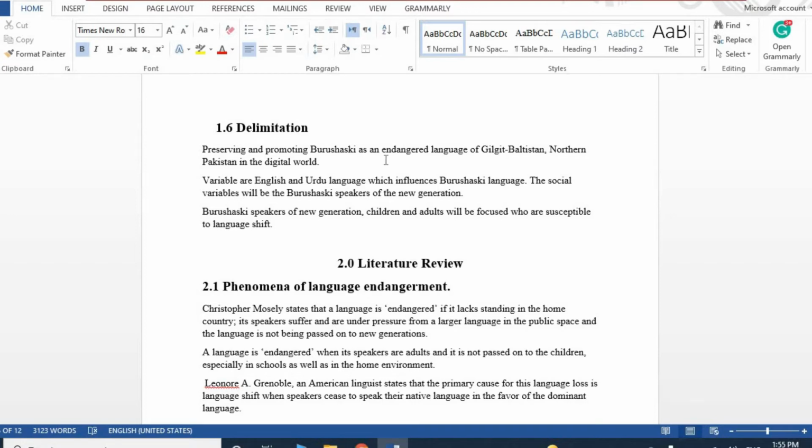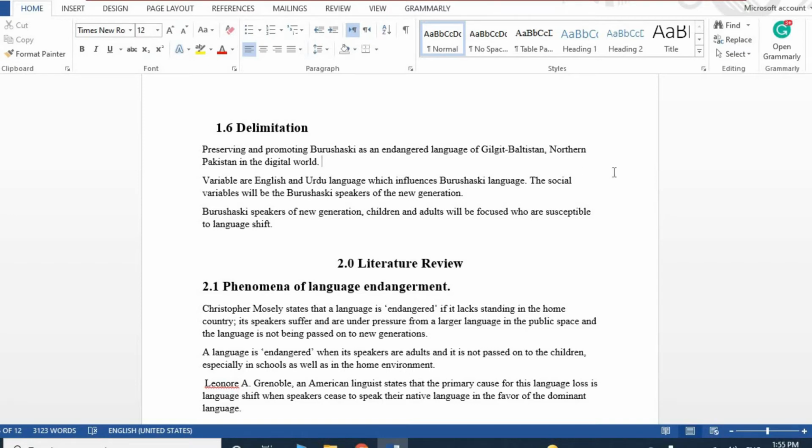So you have to delimit your topic, right, to a specific agenda, specific goal, specific area. And what should be my variables, right? The independent and dependent variables. The independent variables are the English and Urdu languages, right, which influence the Burushaski language. So the Burushaski language would be the dependent variable, right?